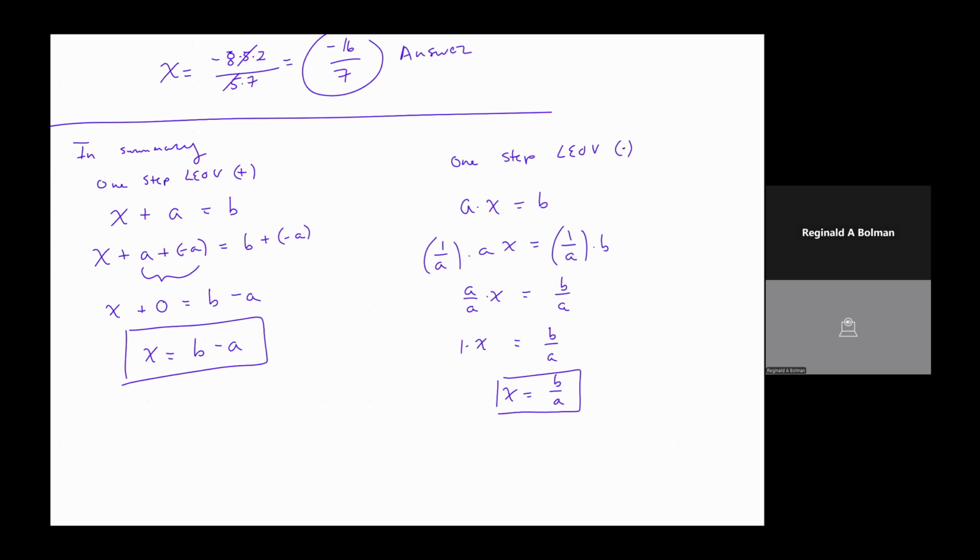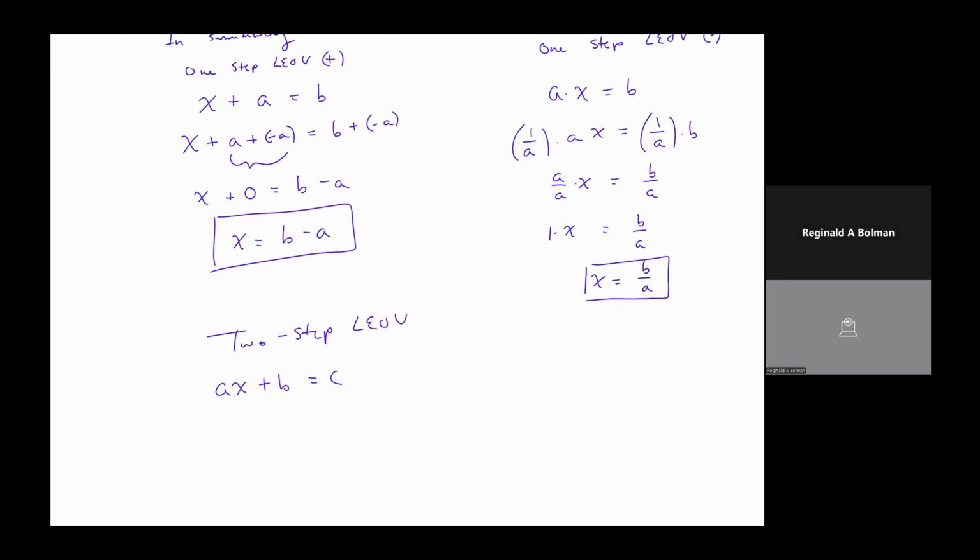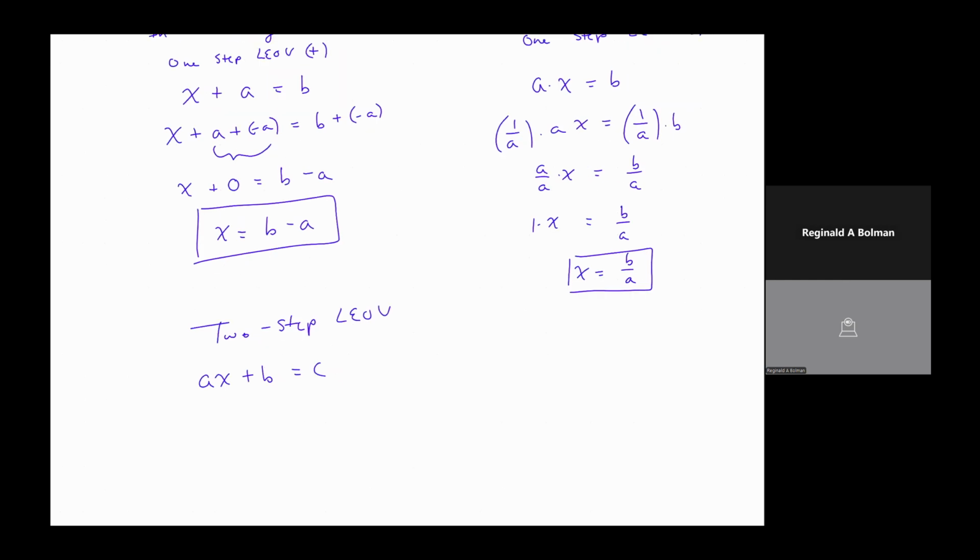All right, for the two-step LEOV, what's going to happen is you start with ax plus b is equal to something else, just like this. And we start solving these two-step LEOVs by first using the techniques developed in the additive one step.